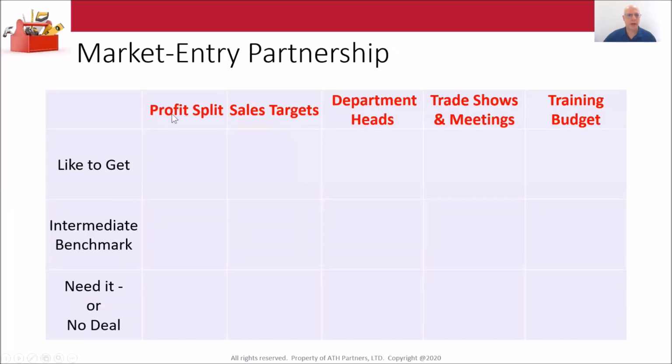So here we see a market entry partnership, profit split, sales target, department head starts to enforce the partnership idea, trade shows and meetings, we talked about that last time, and a training budget. In a lot of places where you do business, training is going to be like currency. They really want training from you, and they want training supervised by you, or paid for by you, that's going to bring up their skill level.